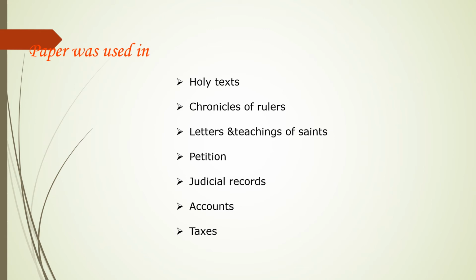So see how the sources changed. Not on a gold coin, not on walls or palm leaves, but here we used to write everything on paper. So this is also one of the changes we can see.